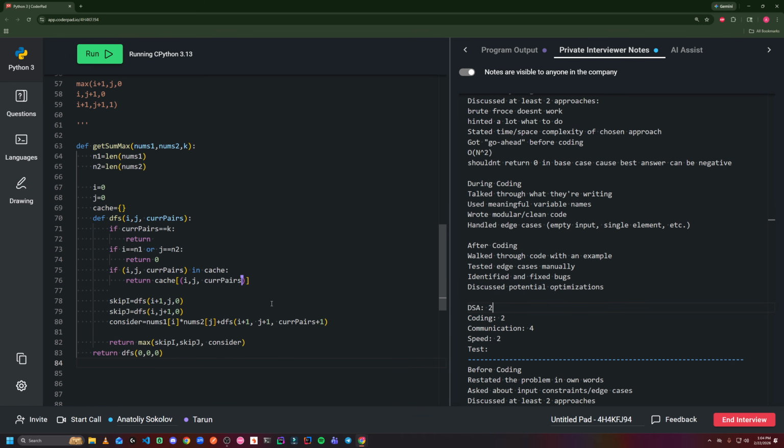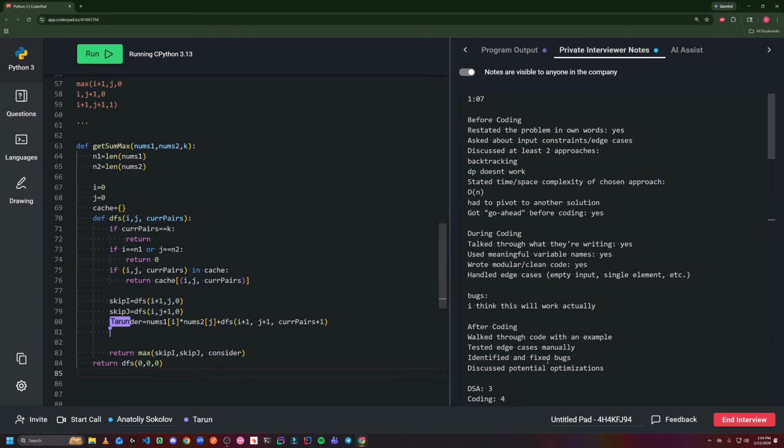And before returning it, I'll just store it.